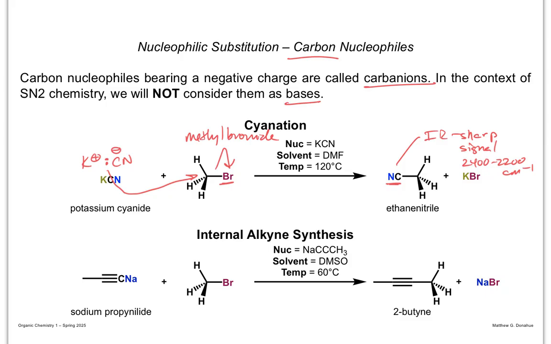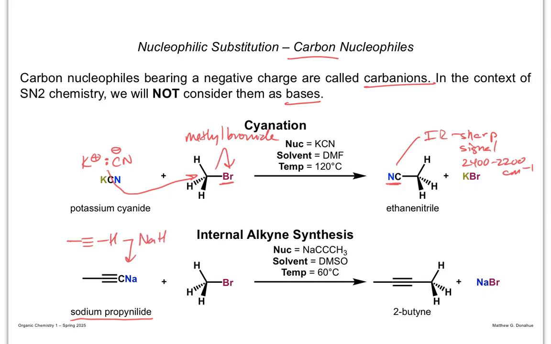You can also make alkynes. So notice what we're starting with: sodium propynylide. So that is generated by the treatment of propyne with sodium hydride.